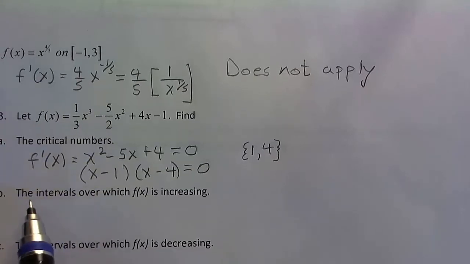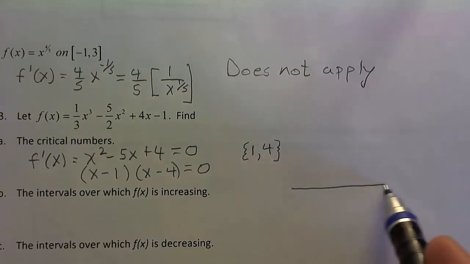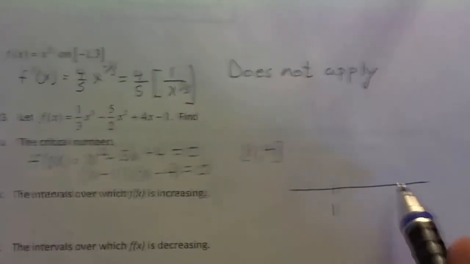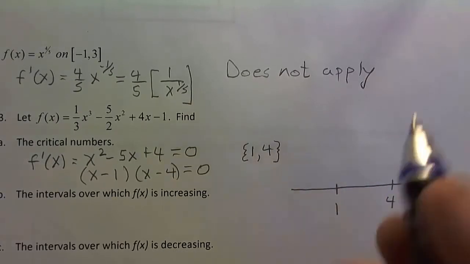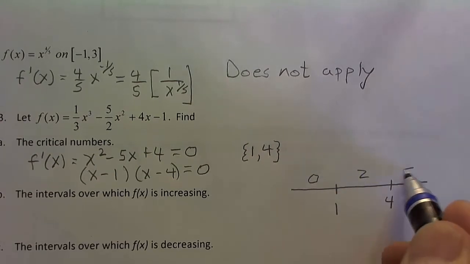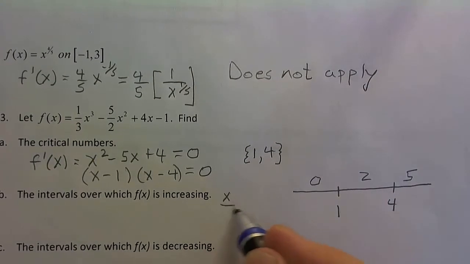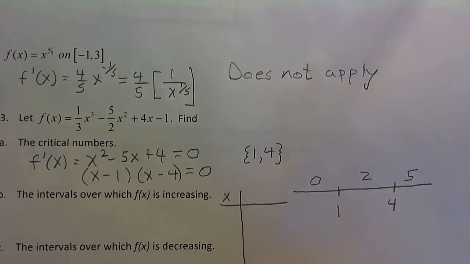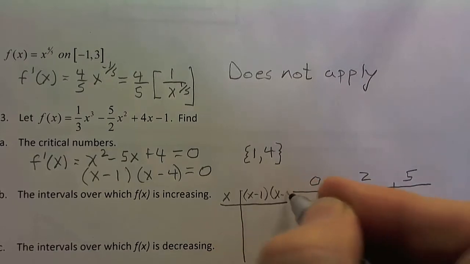Now we want to find the intervals over which the function is increasing. So let's see here. We've got 1 and we've got 4. I'm going to pick test numbers from each region, maybe 0 over here, 2 here, and 5 here. And I want to plug those into the derivative, which is x minus 1, x minus 4.